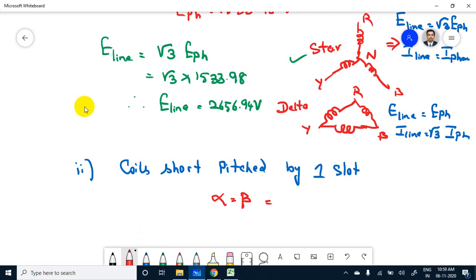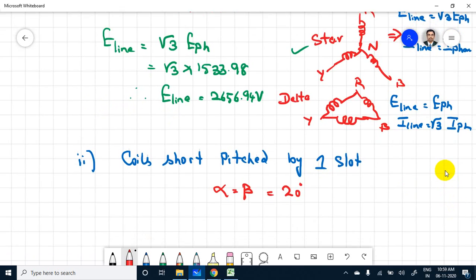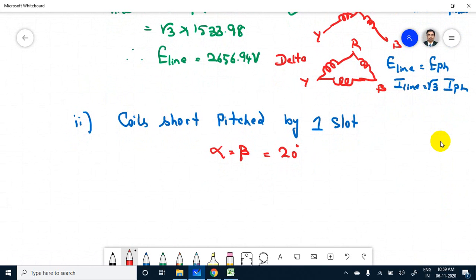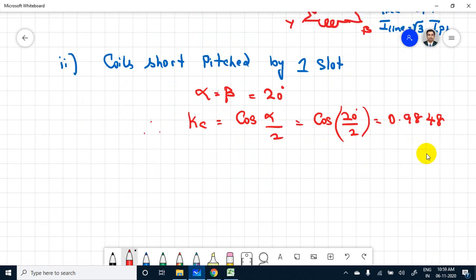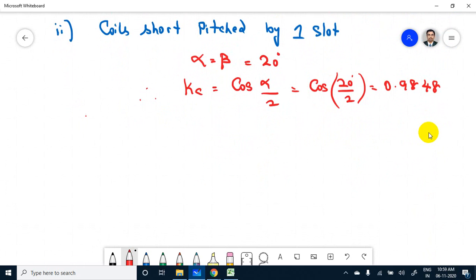It is 20 degree, already calculated in your problem just now. So we have to find the Kc value. Kc equal to cos alpha by 2. So cos of 20 degree divided by 2, we get 0.9848.